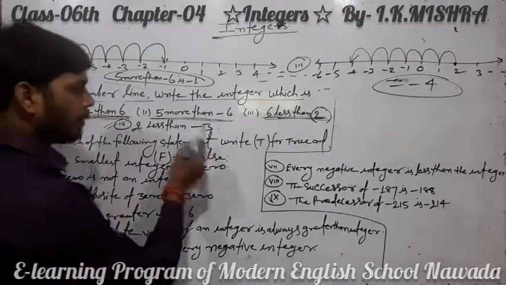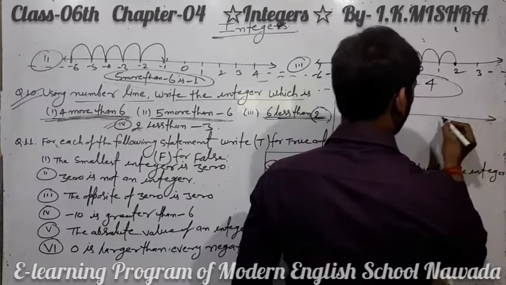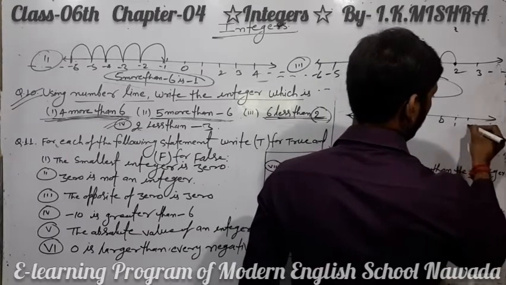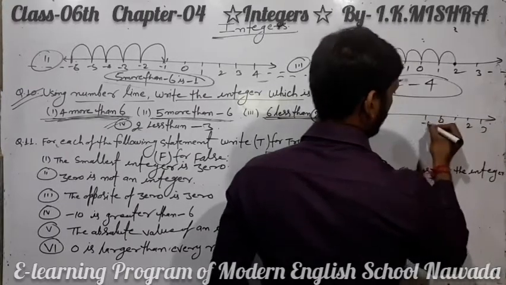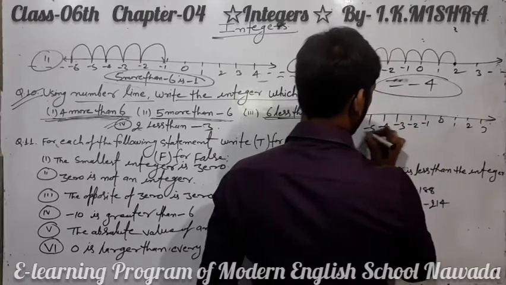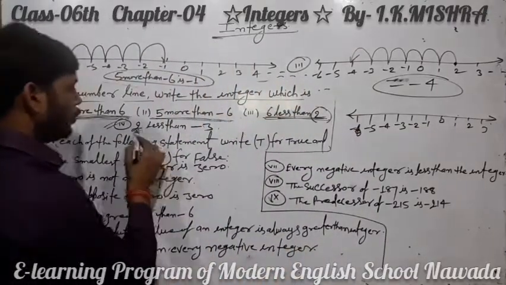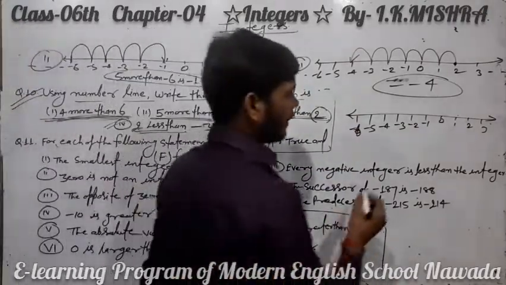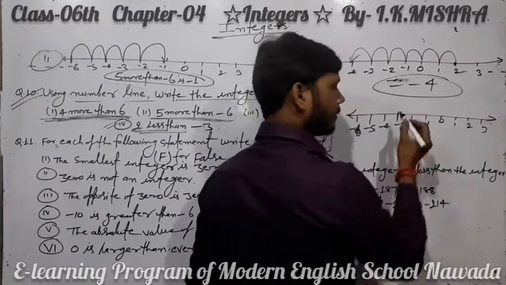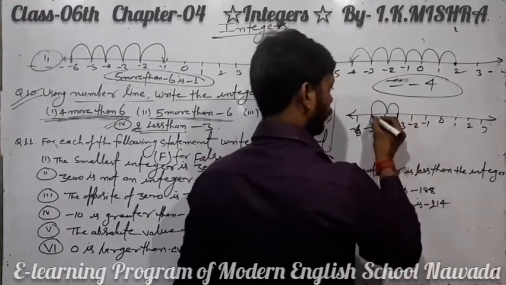Similarly, students, you can do the fourth question, 2 less than minus 3. First of all draw the line: 0, 1, 2, 3, minus 1, minus 2, minus 3, minus 4, minus 5, minus 6. Here 2 less than minus 3. Take minus 3 and go right to left 2 steps: 1 and 2.